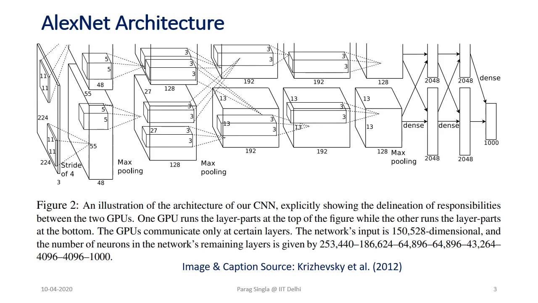Note that in this second layer, the two feature maps on the two GPUs are being processed independently. Each one has its own kernel operations defined by these 5 by 5 cross 48 sized kernels, and this operation leads to the next layer.